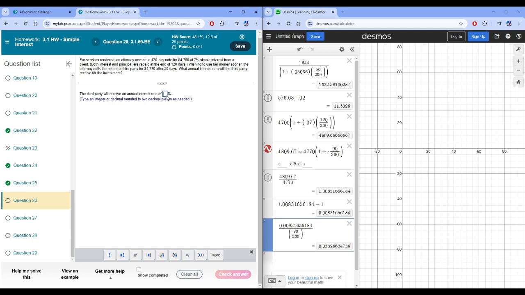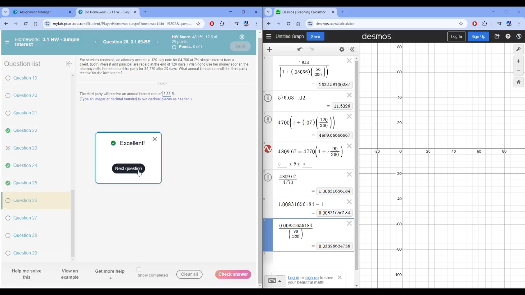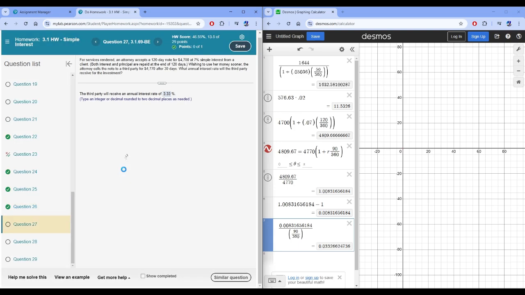So it's going to be 3.327, around 2 decimal places, 3.33. Cool. And that's how you figure out the interest rate that the person is making.